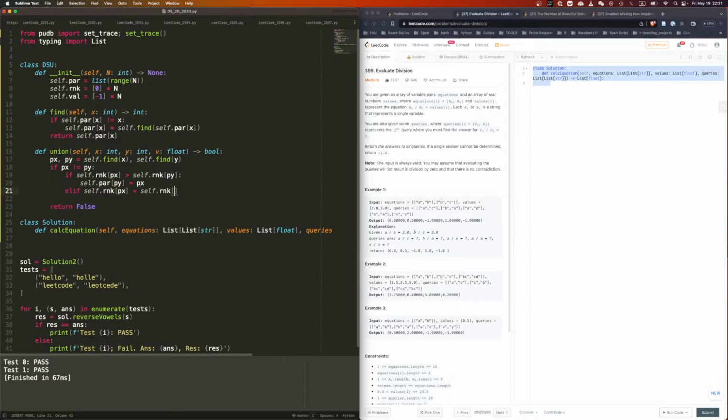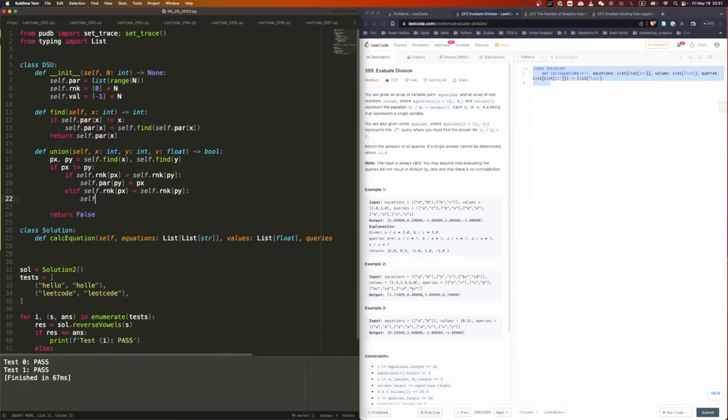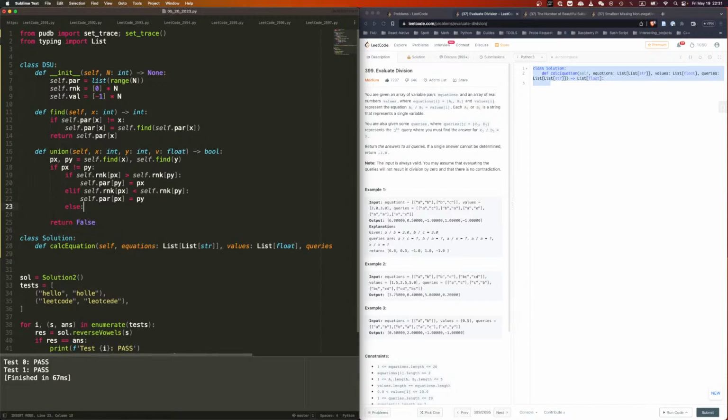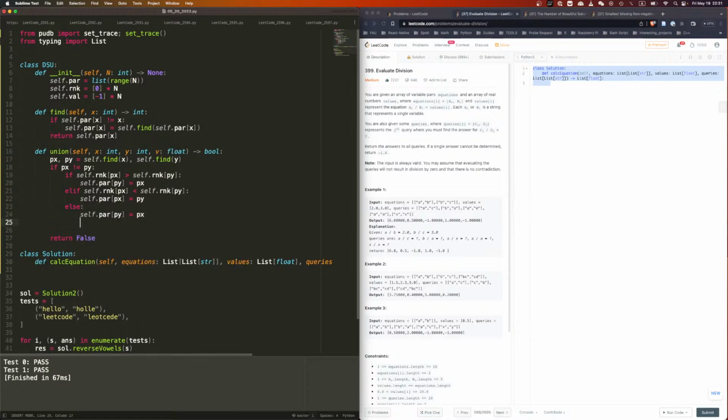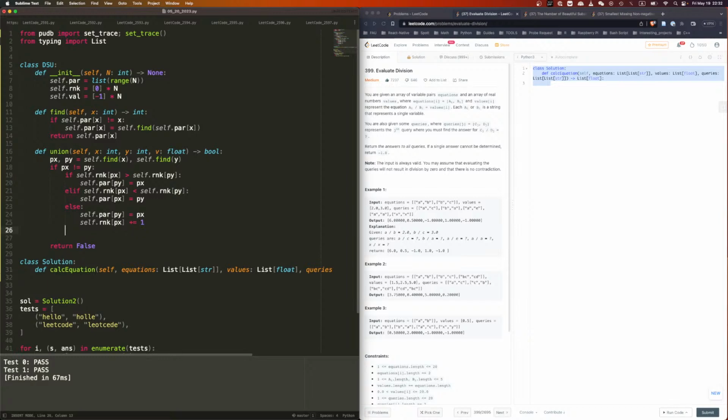We just go through the whole thing, px equals py, and else self.parent py equals px, and self.rank px plus equal 1, right? But instead of return here, we need to handle the values of x and y.